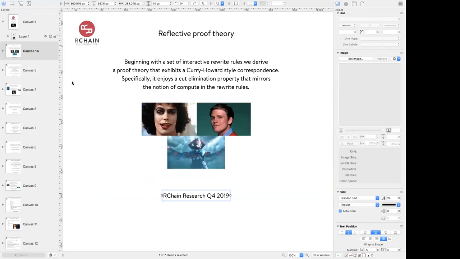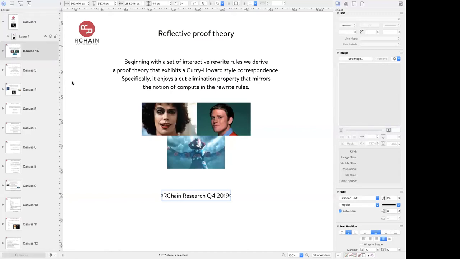So we start with a set of rewrite rules, and we insist that these are interactive, and I'll say what interactive means in just a minute. What we're going to do is to derive a proof theory that enjoys a cut elimination property.